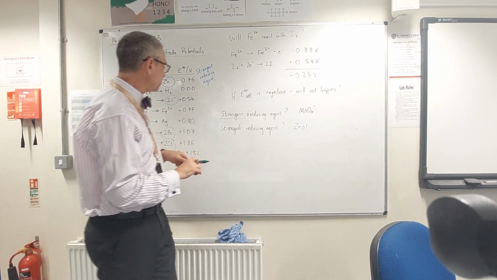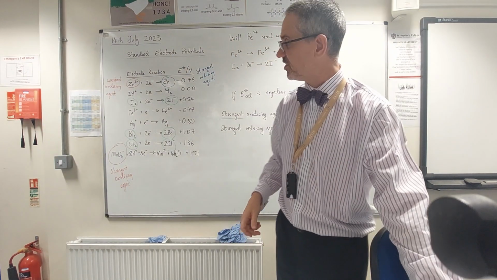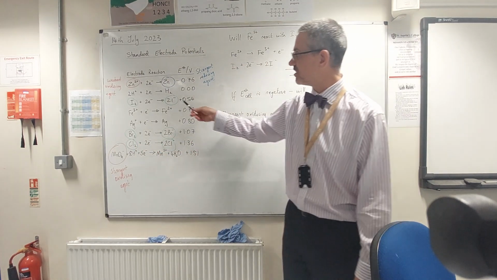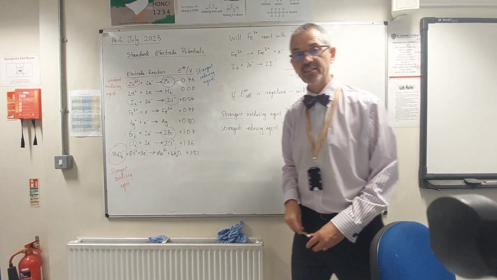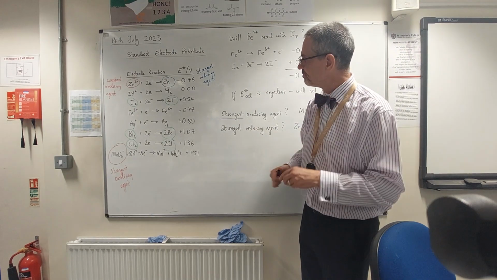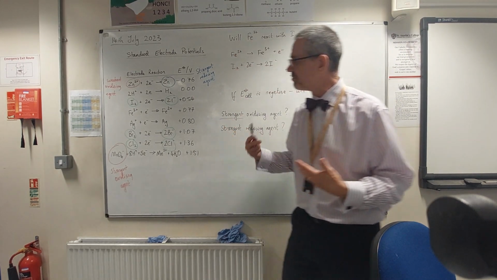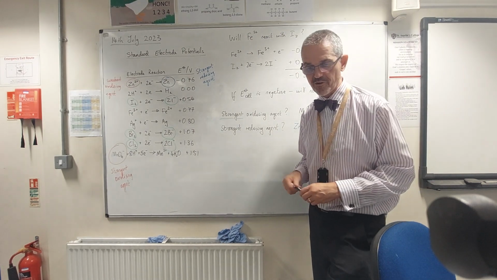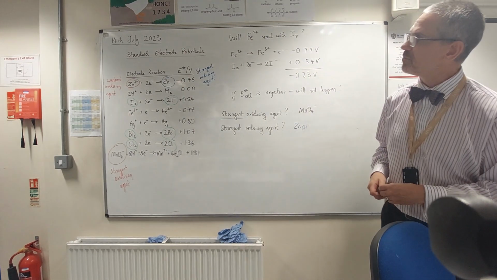So the strongest oxidizing agent, which is a halogen, is chlorine. The strongest reducing agent that is a halide is iodide. So we can use this table to make comparisons. We can use it to make predictions about whether or not reactions happen.